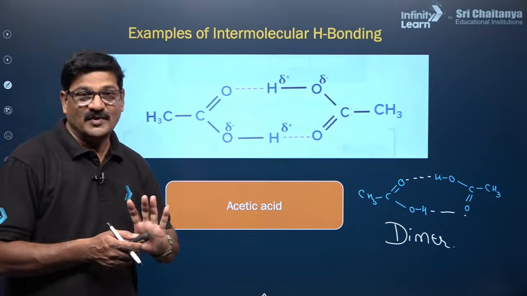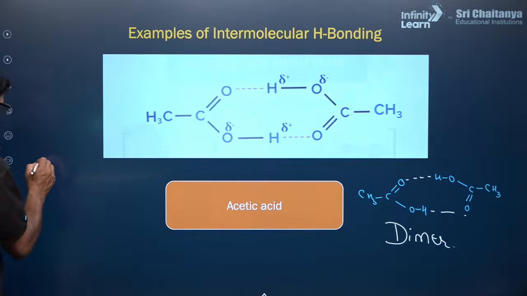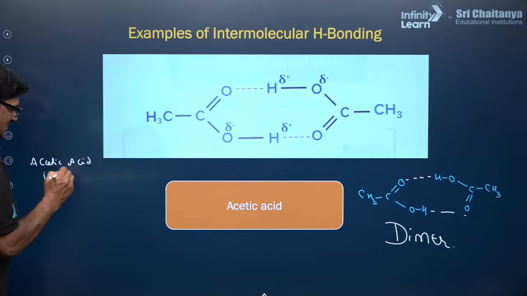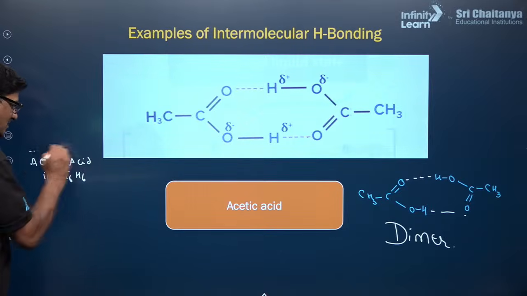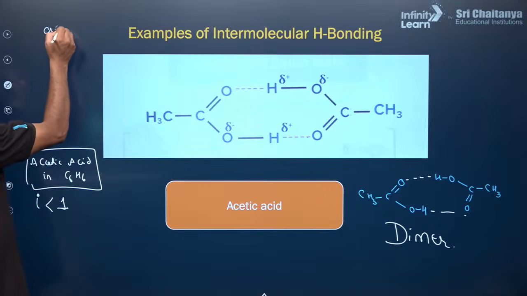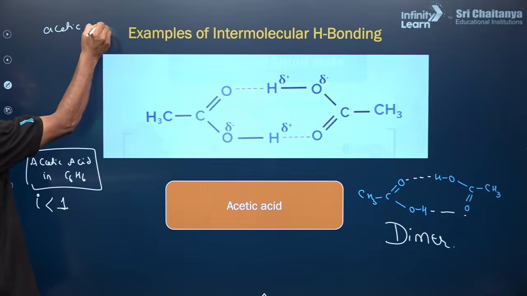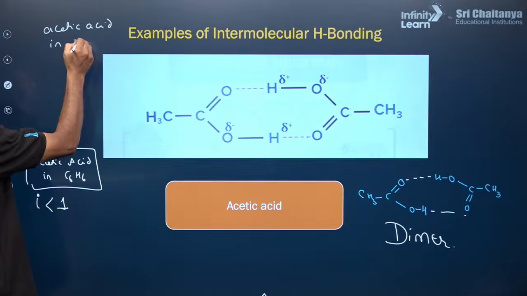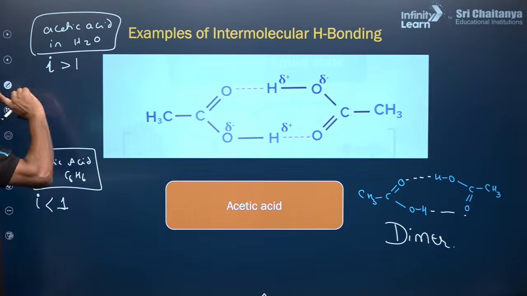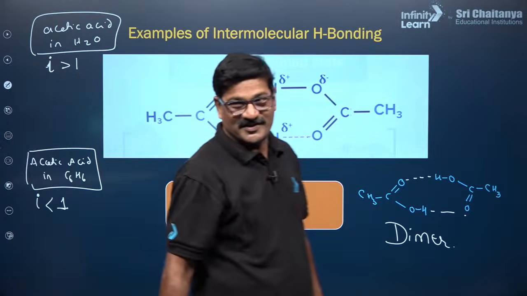Again, carboxylic acid, acetic acid in C6H6: the i value is less than 1. Acetic acid in water: the i value is greater than 1. Dissociation takes place in water, association takes place in benzene.